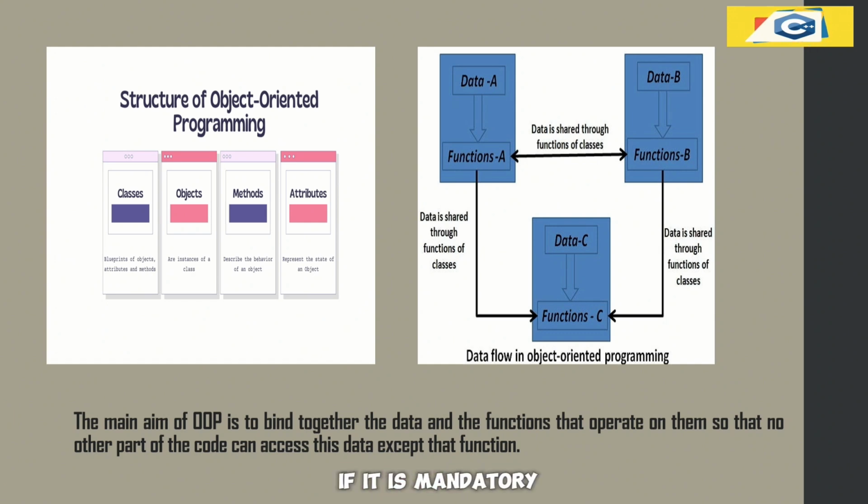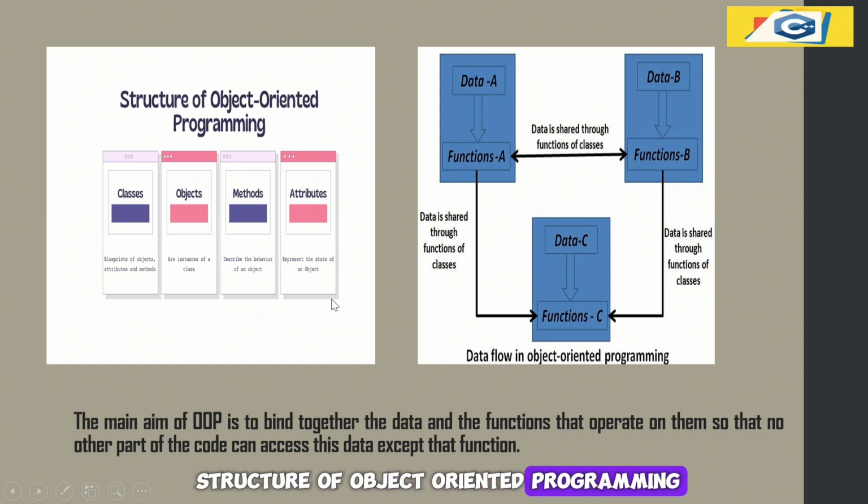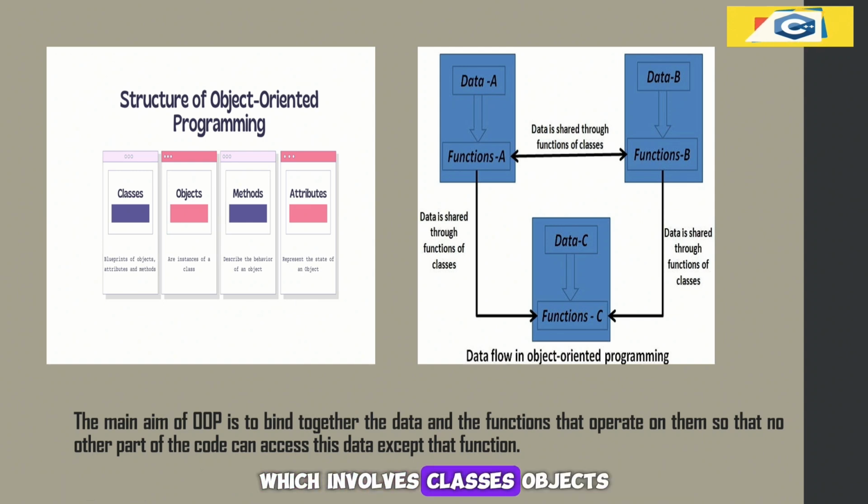That is why it is mandatory to have a class. With the help of class, I can create an object, and with the help of the object, call the methods of the class. Each object will have its own attributes, which represent the state of an object. That is the structure of object oriented programming, which involves classes, objects, methods, and attributes.